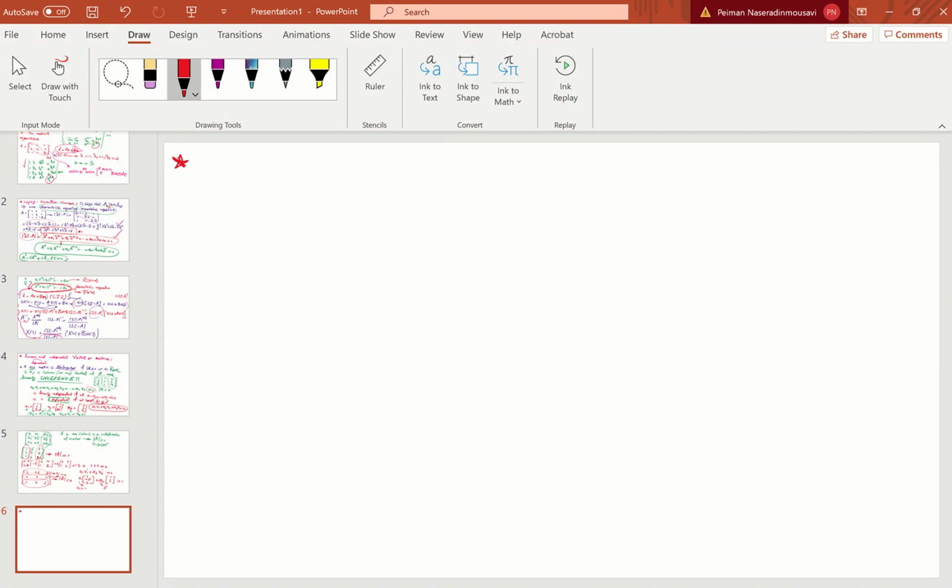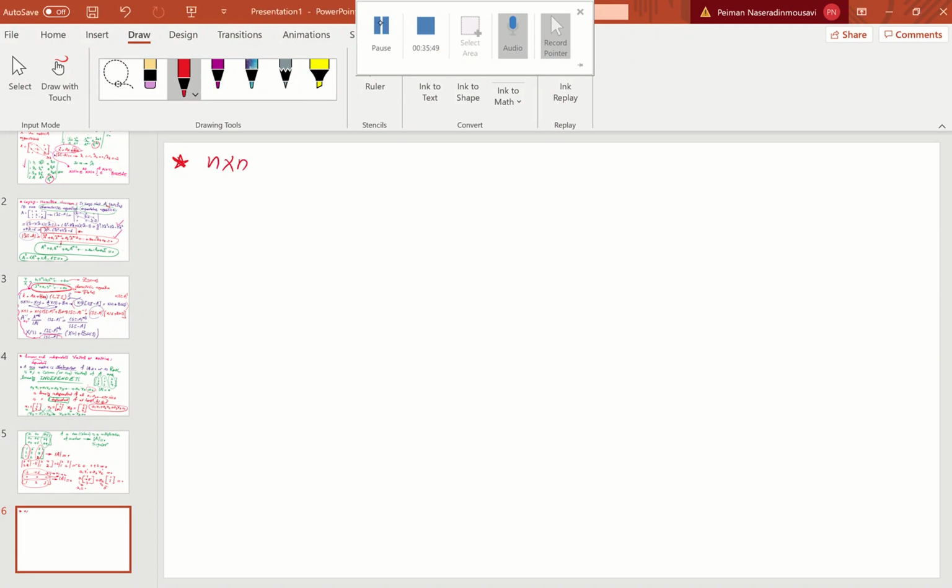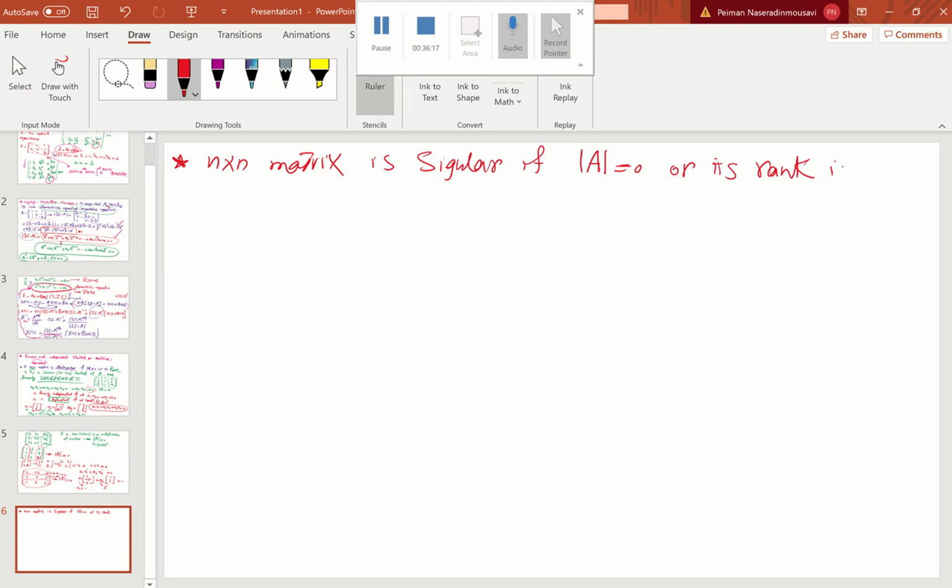Hold on, guys. Okay, we got that. So we say an n by n matrix is singular if its determinant is 0, as in the previous example, or its rank is less than n.